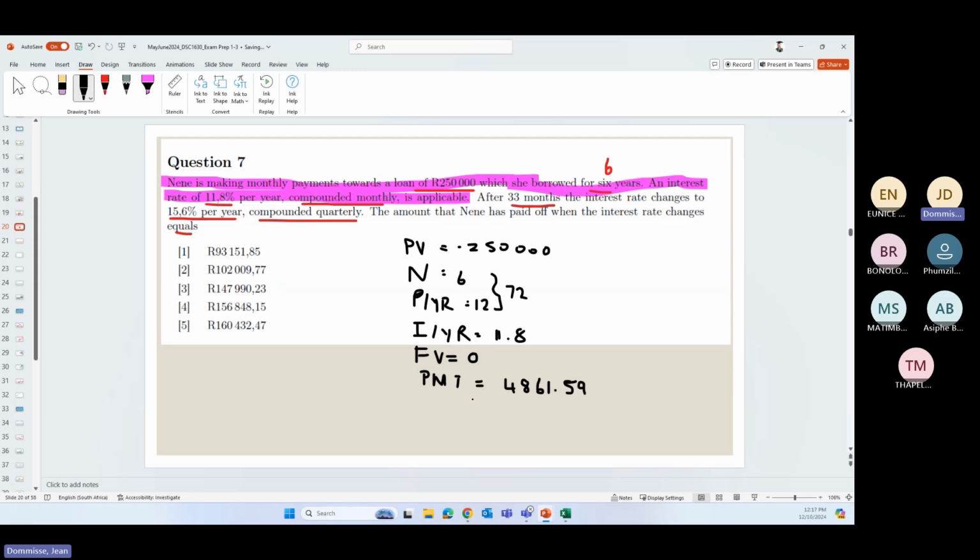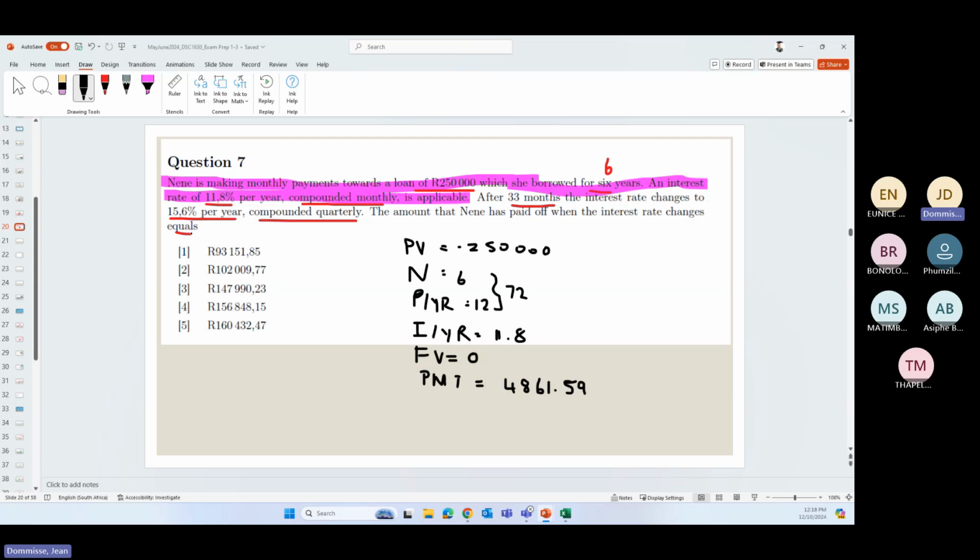Okay, so now what they want us to do is to say, after 33 months, the interest rate changes to 15.6% per year, compounded quarterly. The amount that Nene has paid off when the interest rate changes equals what.